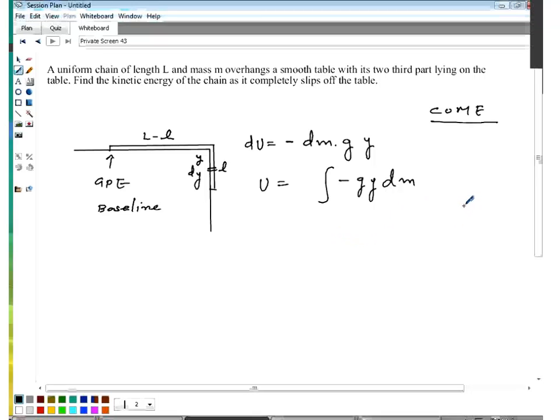This is a uniform chain. Mass per unit length is this. If mass per unit length is that, the mass of dy length would be this much. Minus g is out, and dm is M by L dy.